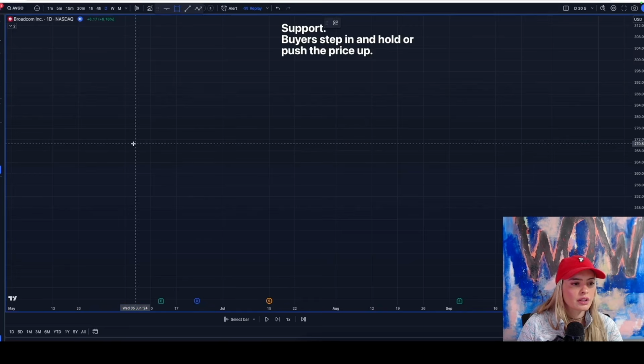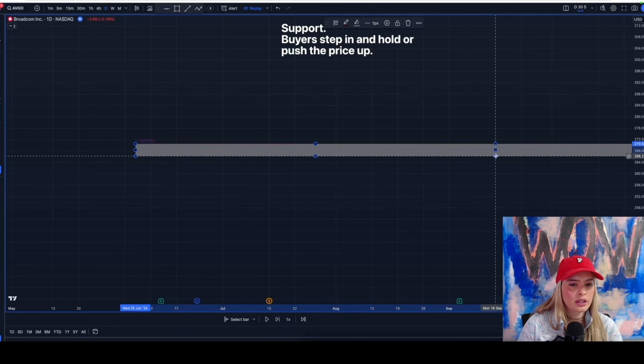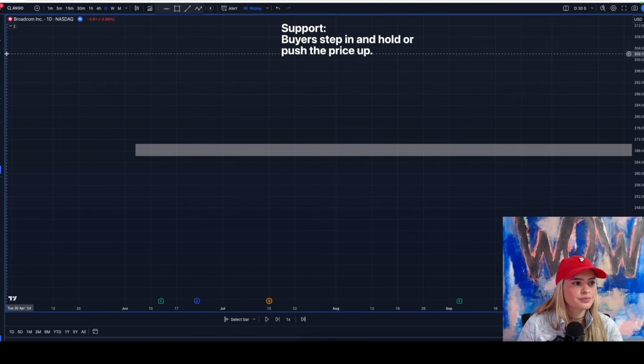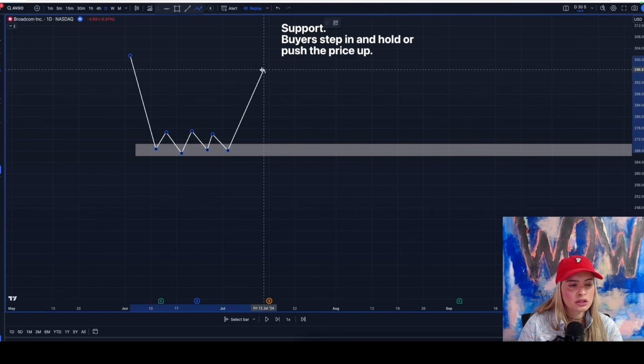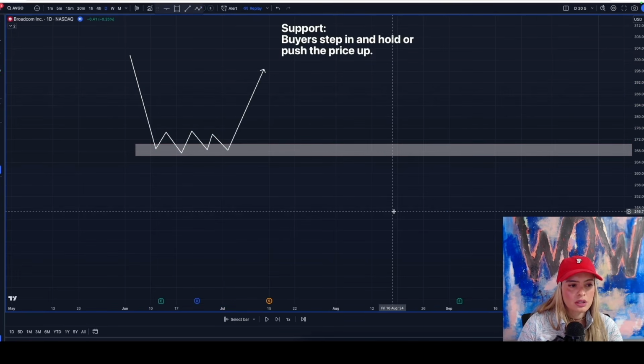We have a support area here, and we have the market coming from the upside, stepping on that area, and buyers stepping in and holding or pushing the price to the upside.